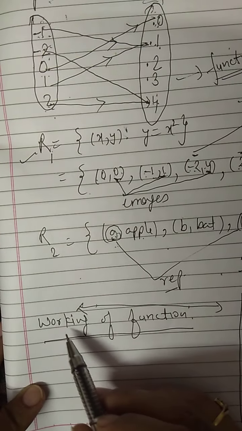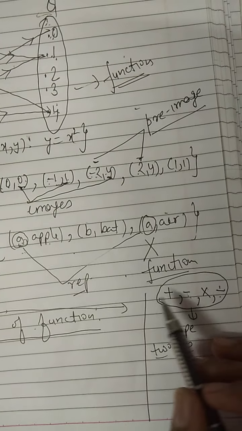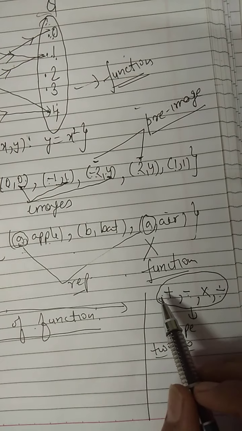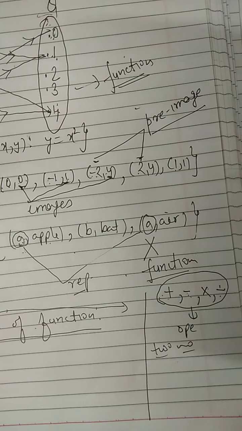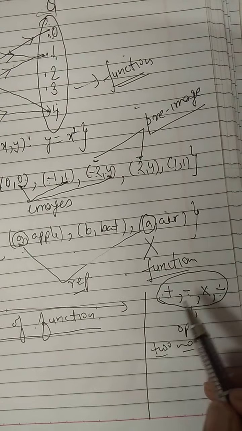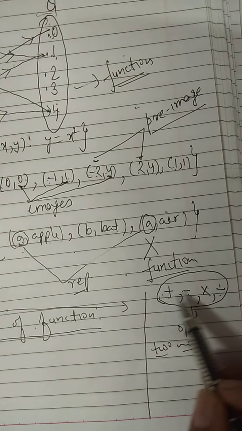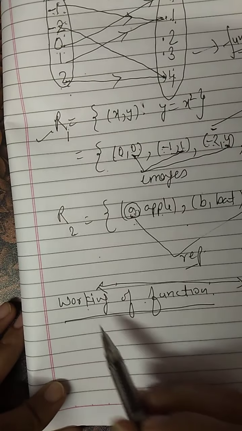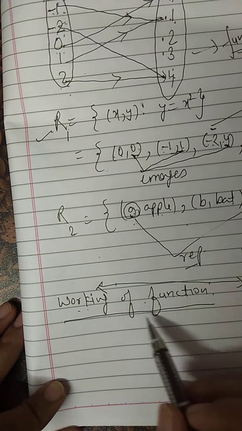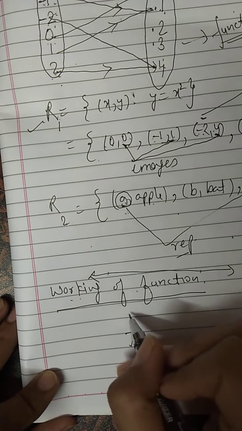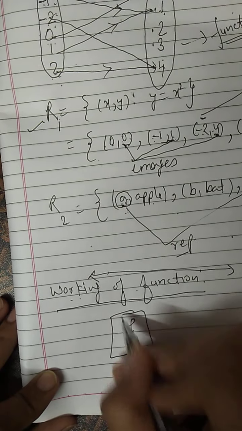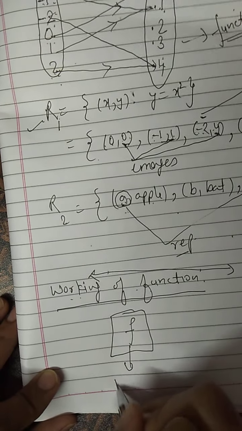Likewise, how does the function work? Plus will not work alone, I need a and b, 2 numbers, and when I do a plus b, I get a certain answer, right? Minus can't work alone, it should have 2 numbers. Likewise, a function cannot work on its own. If this is the function f, then it is acting as a machine.